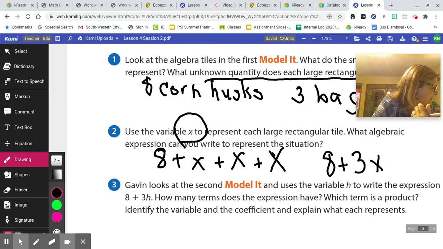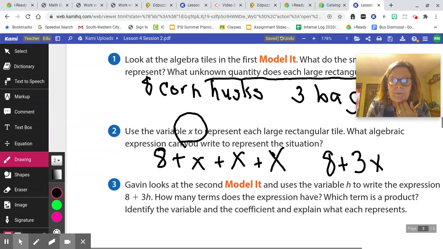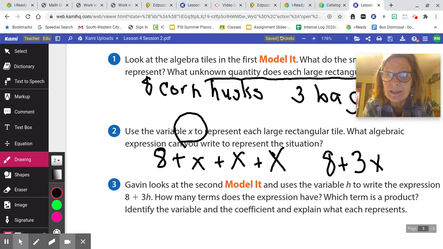Number 3, Gavin looks at the second model and uses the h variable to write the expression 8 plus 3h. How many terms does the expression have? Which term is a product? And you do need to know this, so I want you to stop the video. 8 plus 3h, we're looking at that expression.